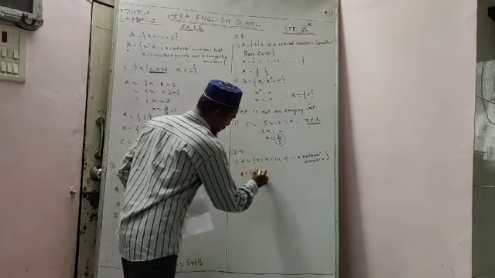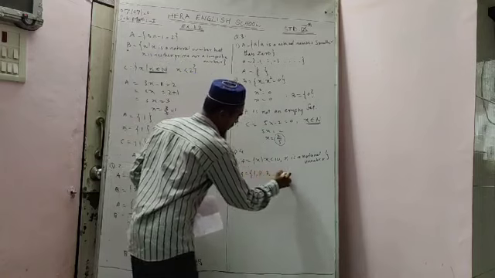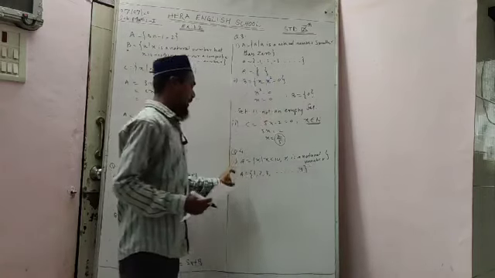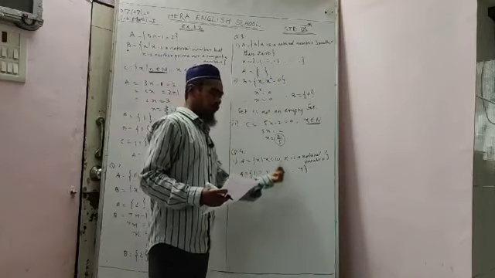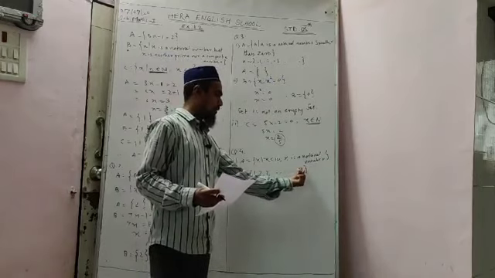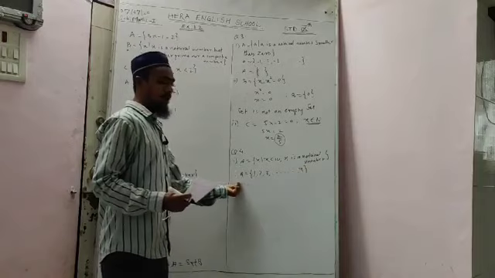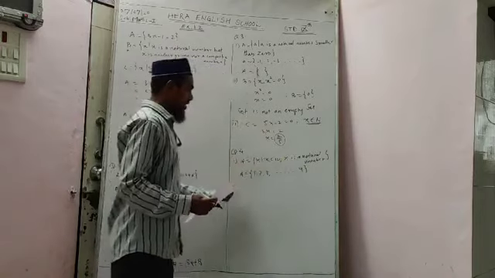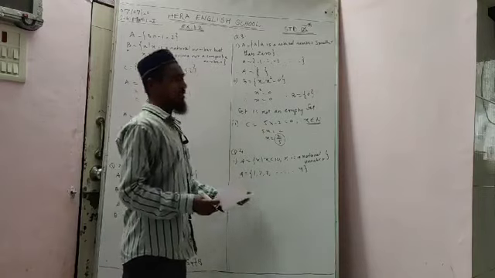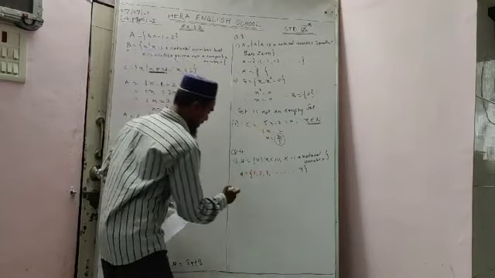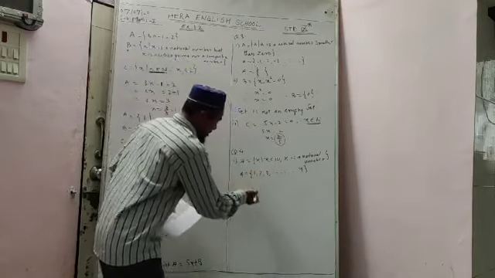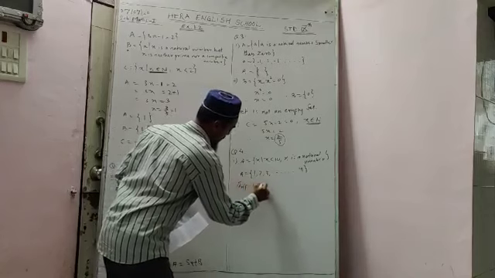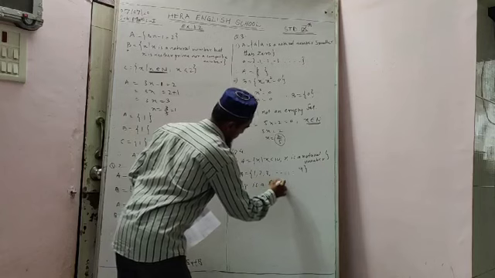We get 1, 2, 3, 4, 5, 6, 7, 8, 9. These are the numbers in set A. So we can count these numbers easily. They have limits. So we can say the particular set is finite. We can write this is a finite set.